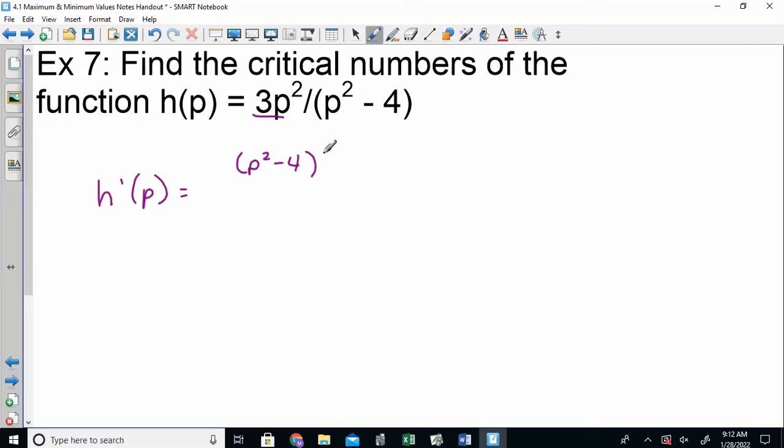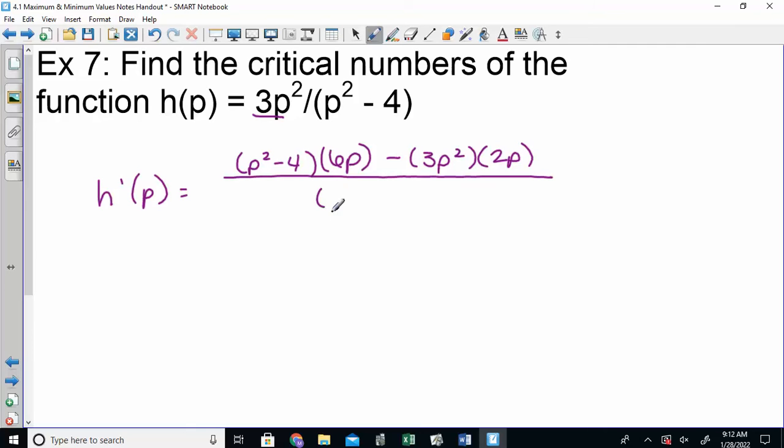D high, derivative of 3p squared, 6p, minus high, d low, derivative of p squared minus 4 is 2p, over low squared.